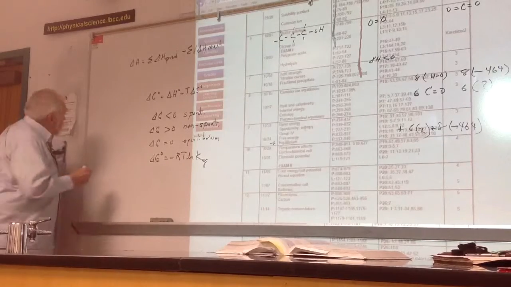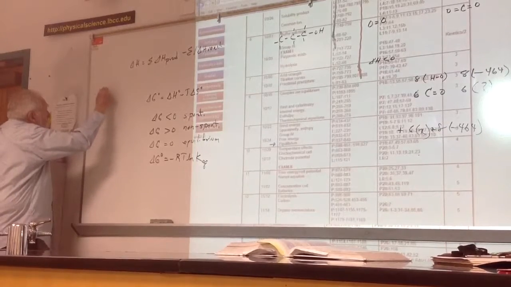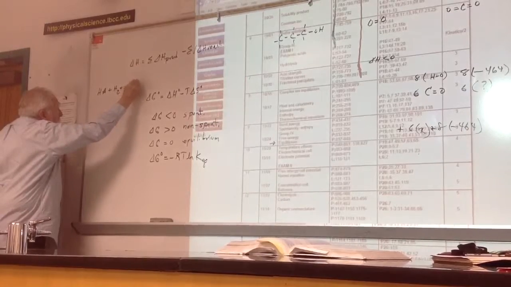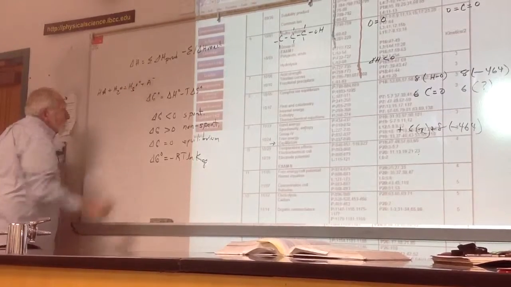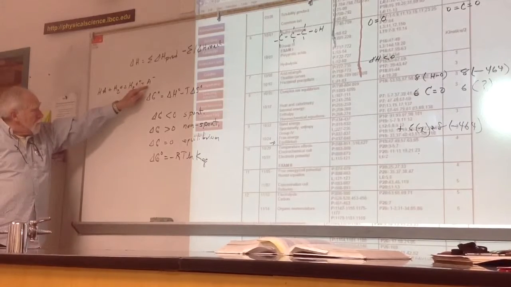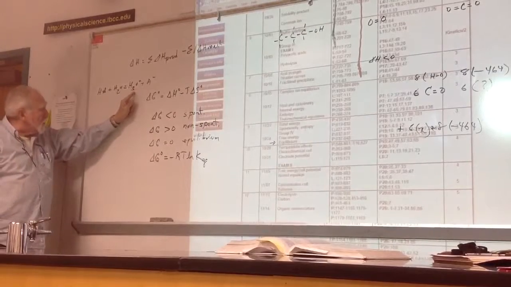For instance, this thing right here. If you were to calculate delta G for that reaction, you have to look this up in the table of delta free energies of formation for ions. You have to look this up.